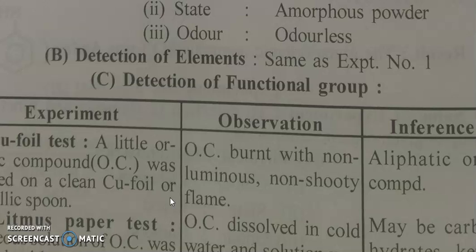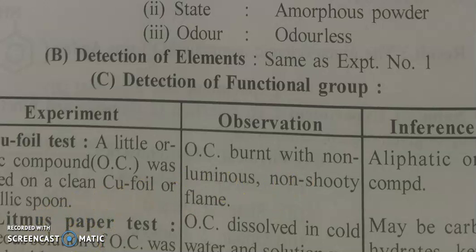Copper foil test: a little of the organic compound was ignited on a clean copper foil or metallic spoon. The organic compound burned with a non-luminous, non-sooty flame, so an aliphatic organic compound is present.